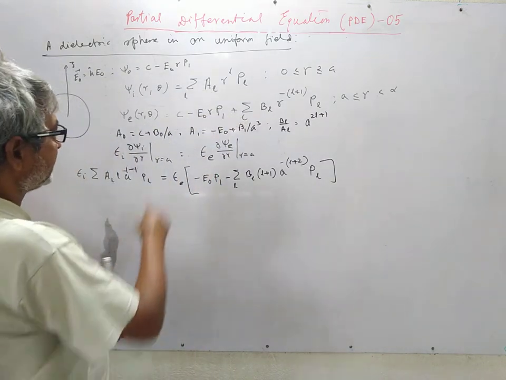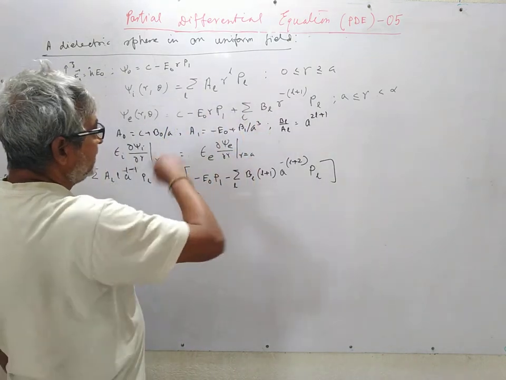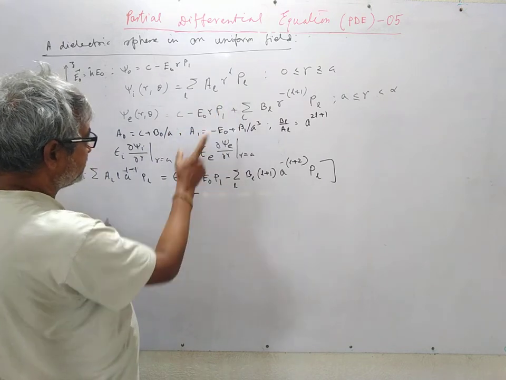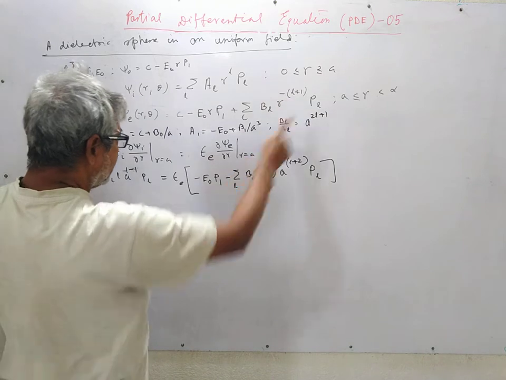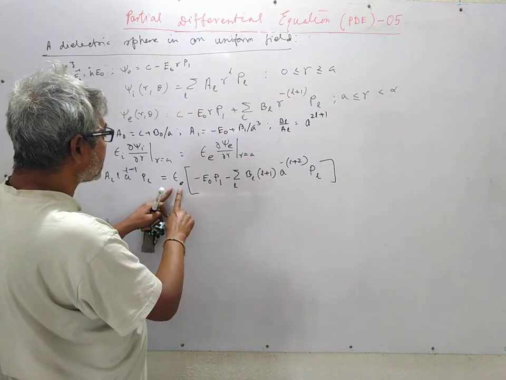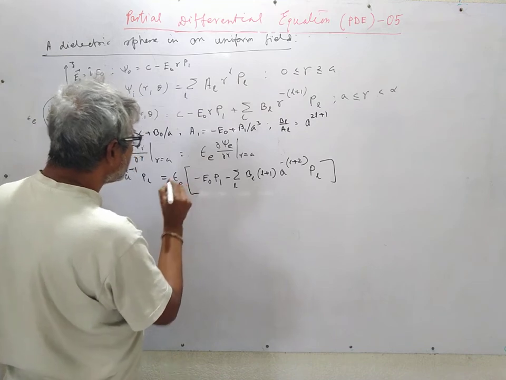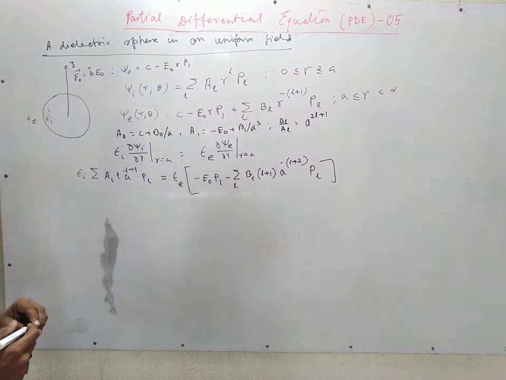The entire thing has been multiplied by epsilon E, permittivity of the external region, which is generally the permittivity of free space, epsilon 0.